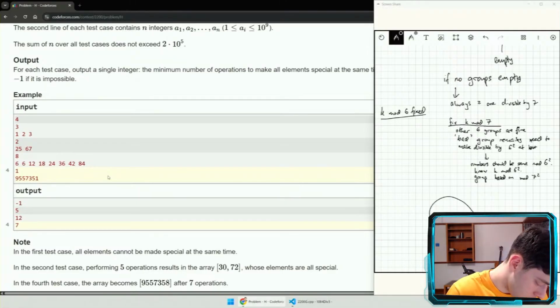And so we've got this situation where we start off with k mod 6 being fixed, and then we try different values of k mod 7.